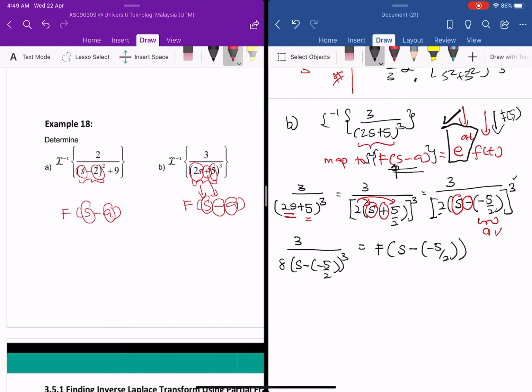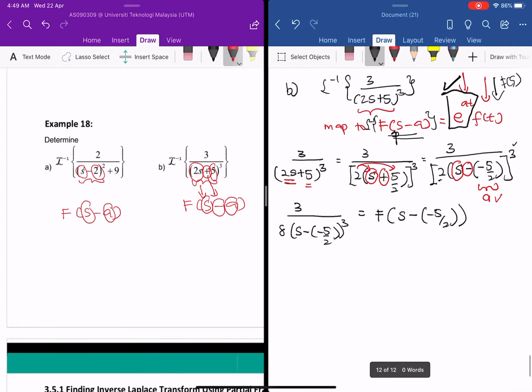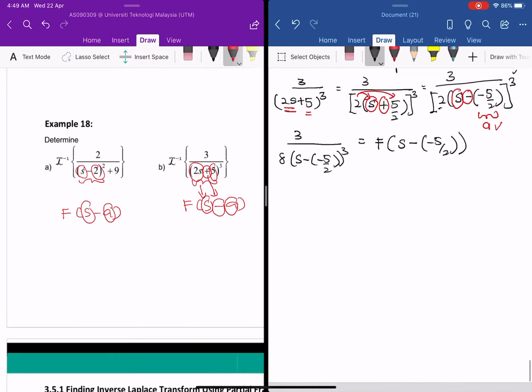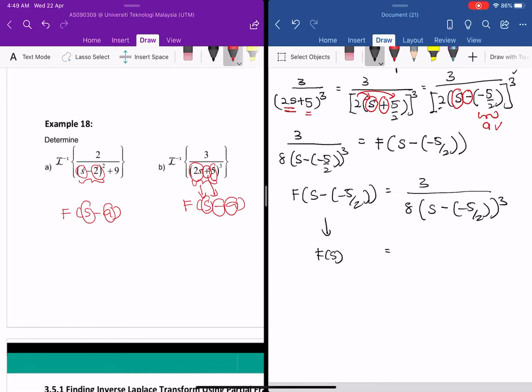Now, s minus negative 5 over 2 equal to, I rewrite again, 8 times (s minus 5 over 2) to the power of 3. So we want to obtain F(s). F(s) is what? Move out the negative 5 over 2, we obtain 3 over 8s cubed, or we can say 3 over 8 multiplied with 1 over s cubed.